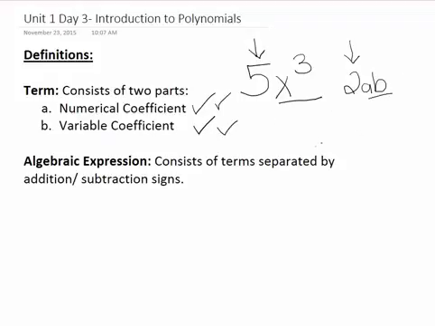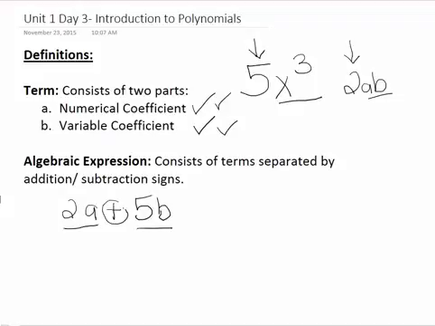Our final definition is algebraic expression, which consists of terms separated by addition and subtraction signs. For example, an algebraic expression would be 2a plus 5b, because it consists of two terms, our 2a and our 5b, separated by an addition sign.